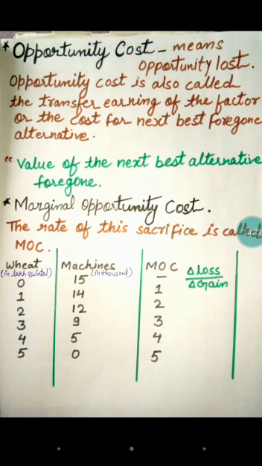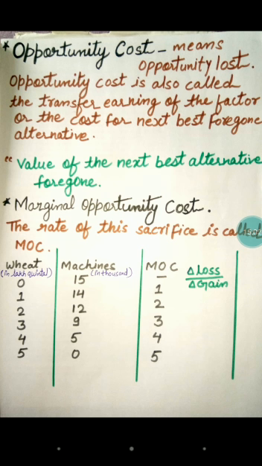So 1 divided by 1 is 1. Again, if we move from 14 machinery to 12, we are losing 2 machinery, and we are gaining 1 because we move from 1 to 2. So 2 upon 1, that is an MOC of 2.